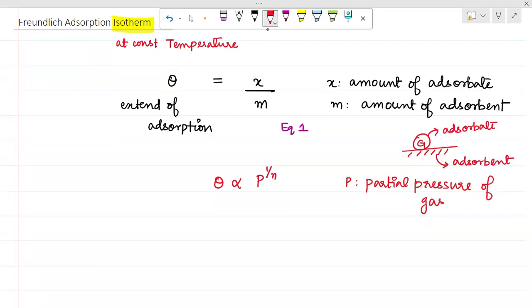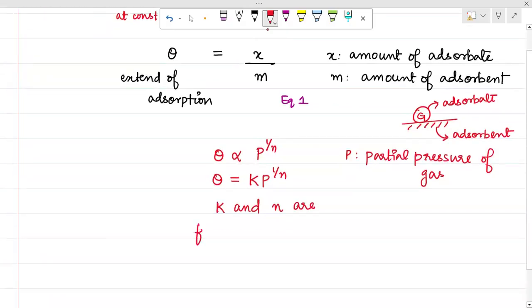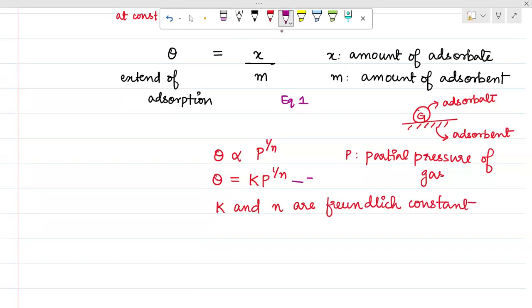Now, to remove this proportionality sign, we multiply it with the proportionality constant K, giving K P to the power 1 by n, where K and n are Freundlich constants. So this is equation 2.